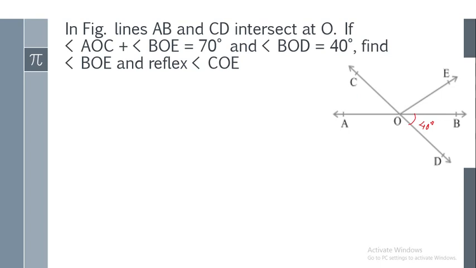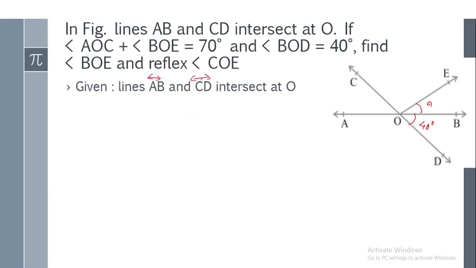So, now we need to find angle BOE, this, and reflex angle COE. COE is this angle, so reflex angle COE will be this much. So, that we need to find.